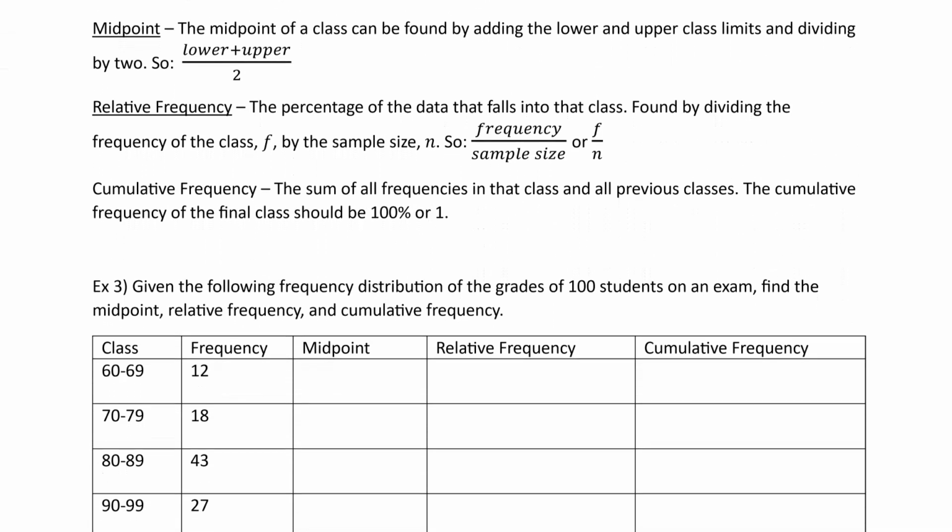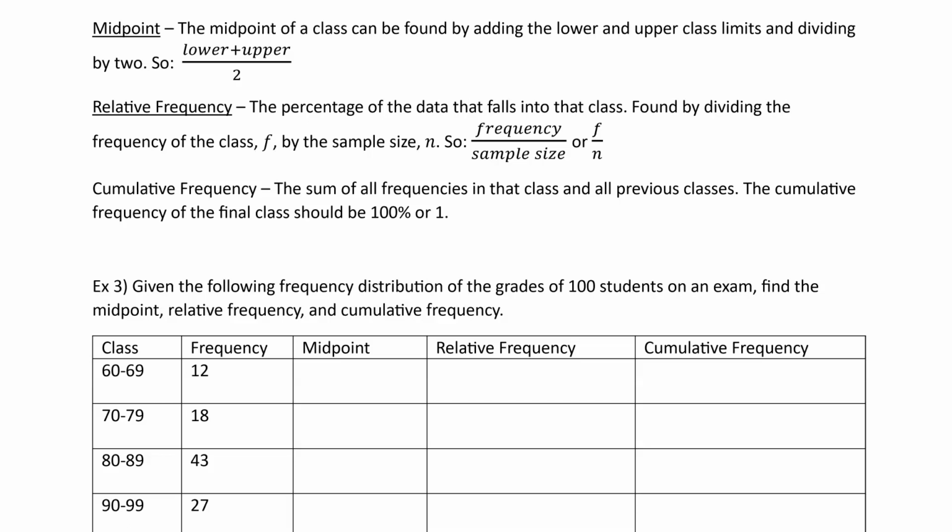All right, a couple more things to talk about with these frequency distributions before we start to make a little bit bigger one. So the next one is going to be midpoints. The midpoint of a class can be found by adding the lower and upper class limits and dividing by 2.